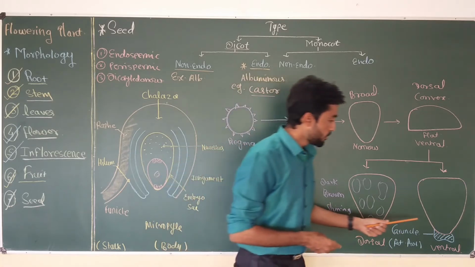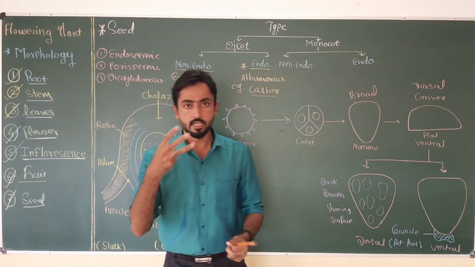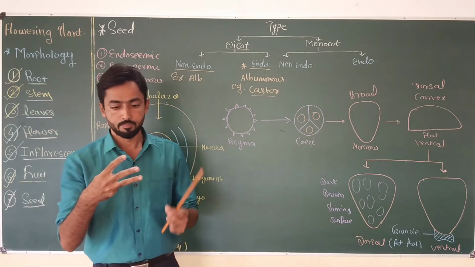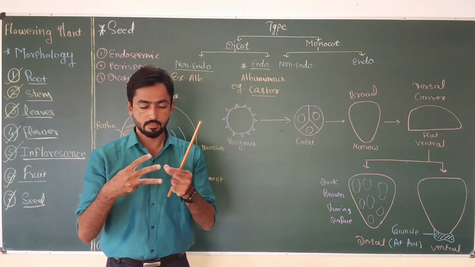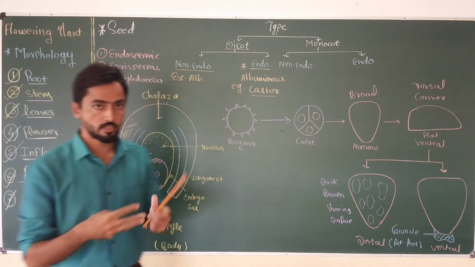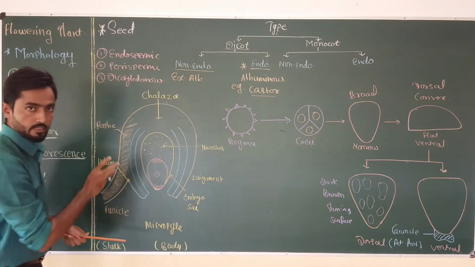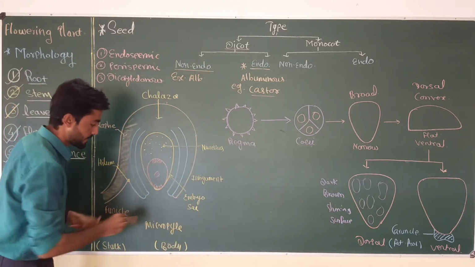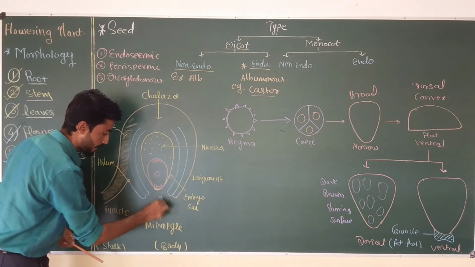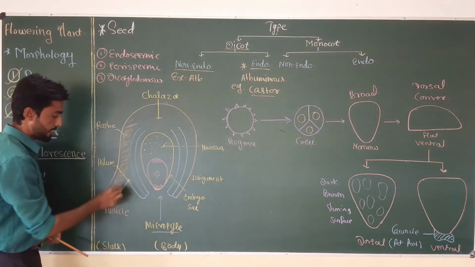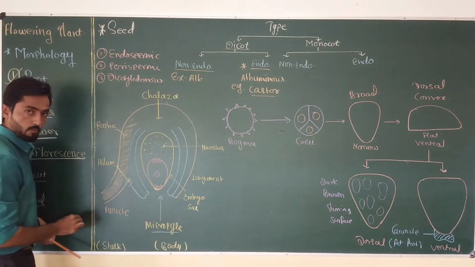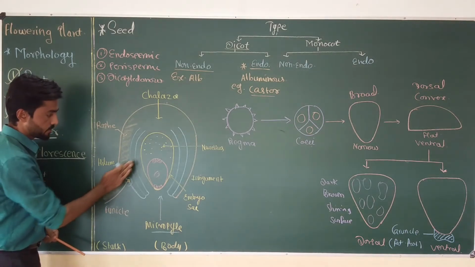Okay, now we know that in every seed three points are visible from outside: micropyle, hilum and rape. So this is the ovule, and there are three important points present in the ovule. The opening is called micropyle, then hilum is the point where the funicle is attached with the body.